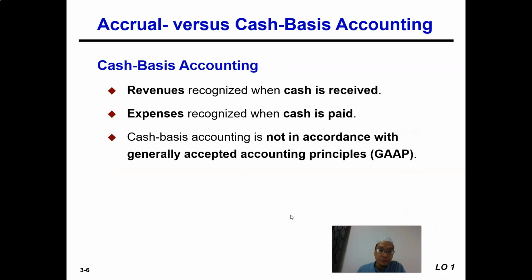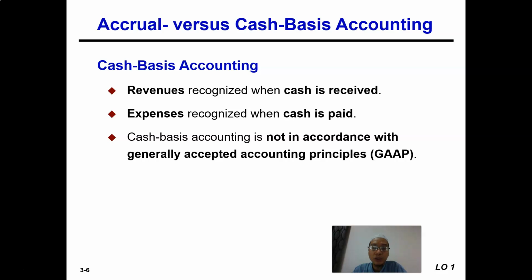But on cash basis accounting, we recognize revenue when the cash is actually received. So in my example just now, if we send the items ordered by our customer in January, but the customer pays for the items in March, then we will only recognize the revenue in March.